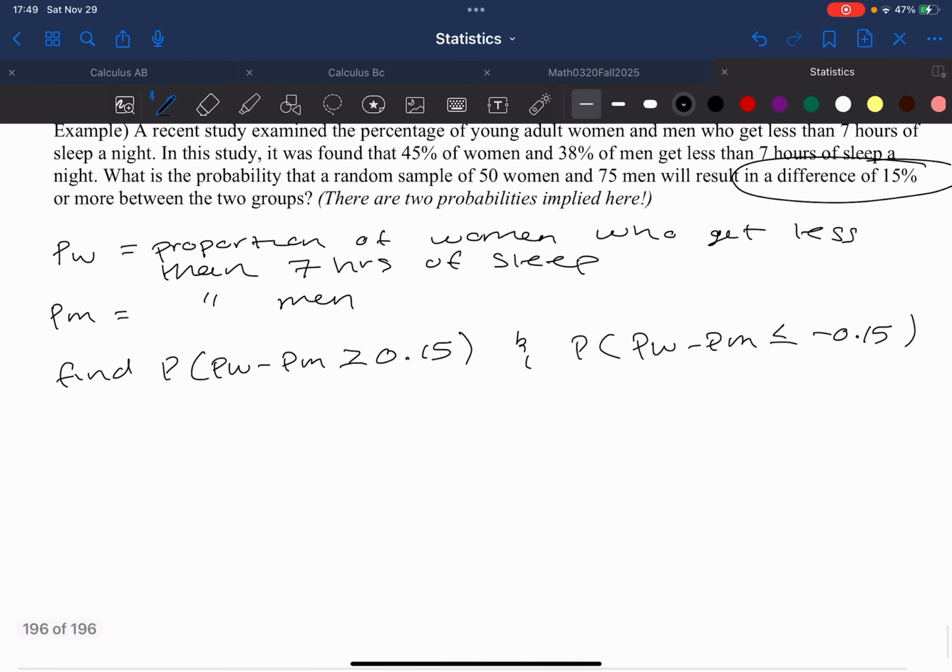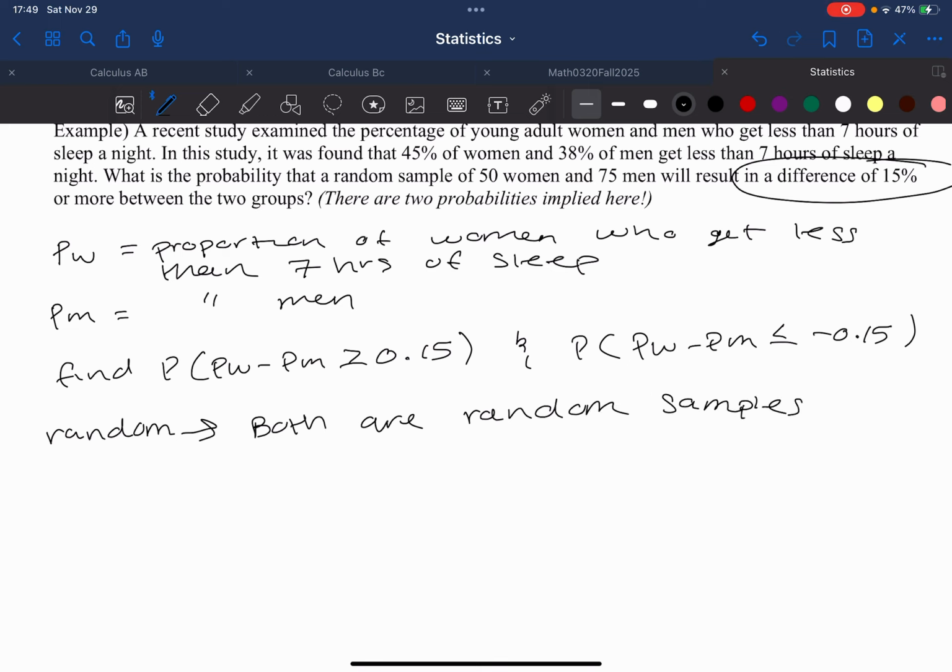Okay, for the create part, remember we have to answer if it's random, independent, and normal. So for random, both are random samples. So we know that mu of P1 hat minus P2 hat is equal to 0.45 minus 0.38, which is 0.07. Then we have to do independence.